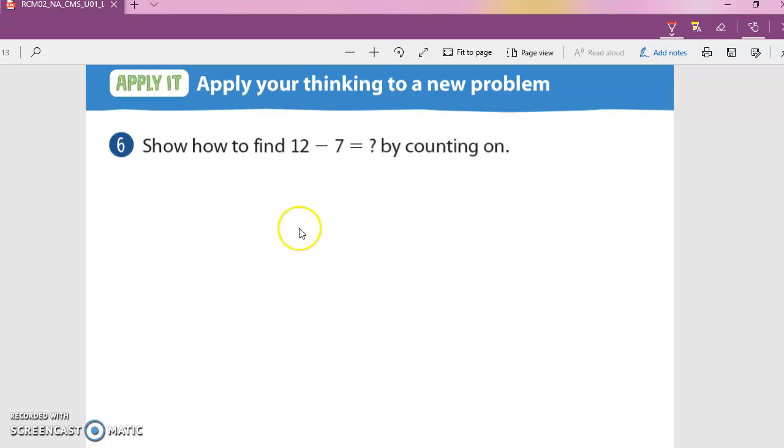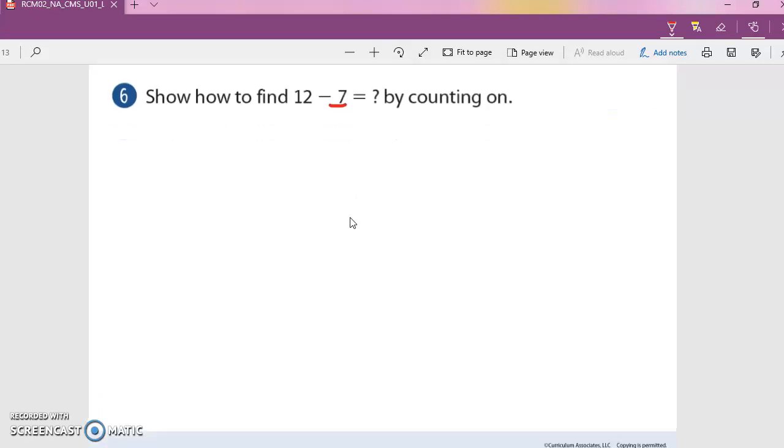We don't put a finger up for this number, okay? So we say 7, and I put a fist and pound it like rock, paper, scissors. So I say 7, and then when I put my first finger up, I'm counting 8, 9, 10, 11, 12. How many fingers do you have up? I have 5. Do you have 5? Awesome.